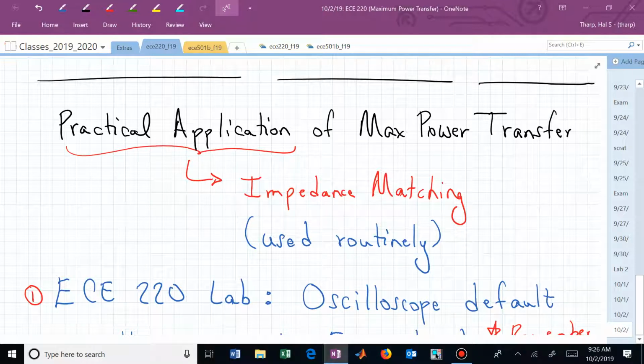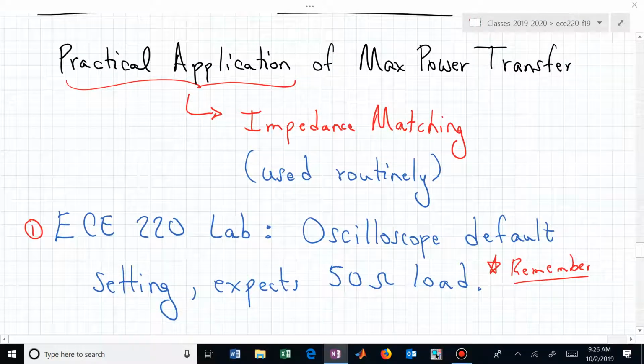A big one is impedance matching, and that's used routinely. In fact, it's built in to your function generators in the ECE 220 lab. You turn it on, and the default setting is it's expecting a 50 ohm load. Actually, wow.